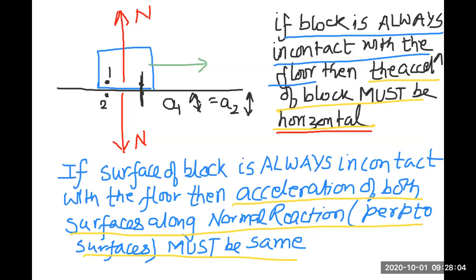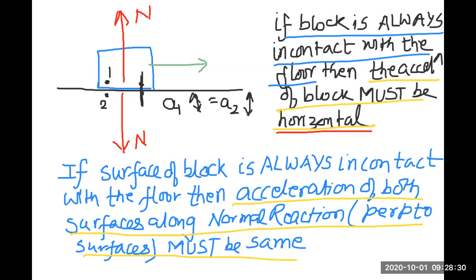अगर acceleration of point 1, acceleration of point 2 से ज्यादा हो गया vertical direction, horizontal से मुझे कोई मतलब ही नहीं. अगर acceleration of point 1, acceleration of point 2 से ज्यादा हो गया ऊपर की तरफ, तो क्या हो जाएगा?